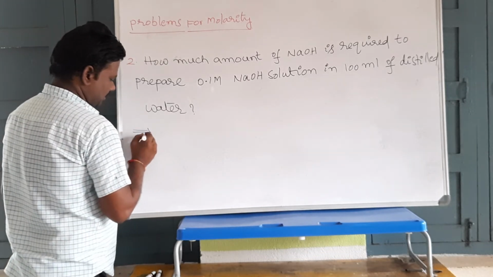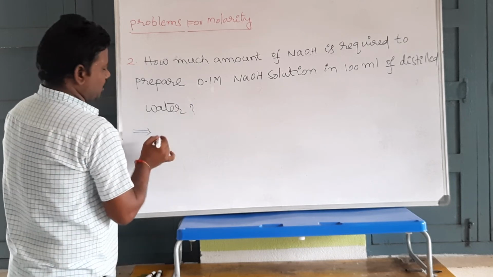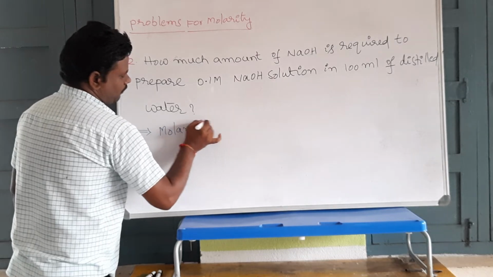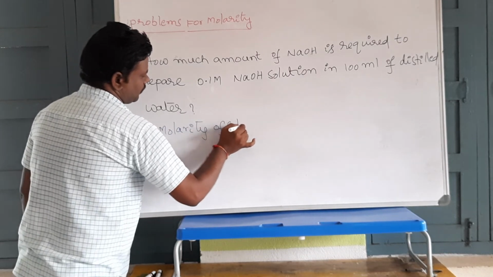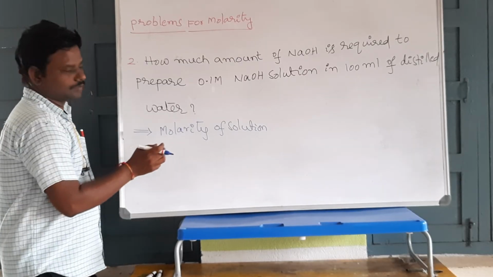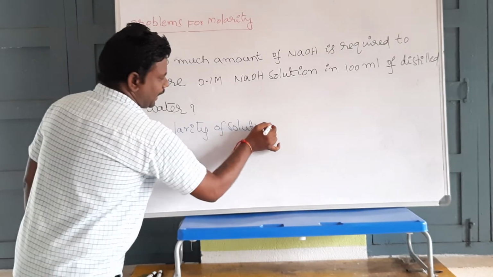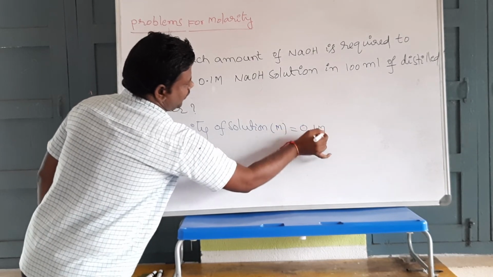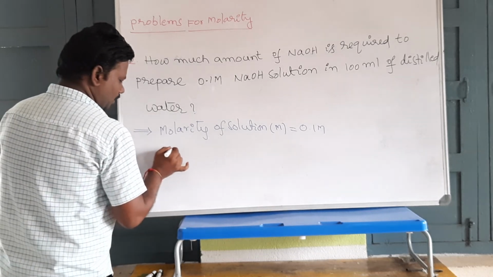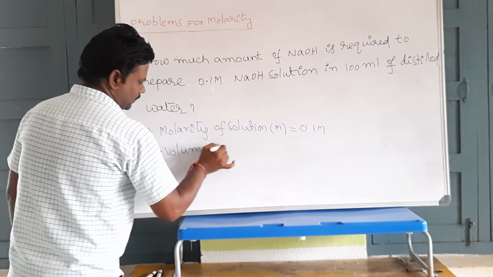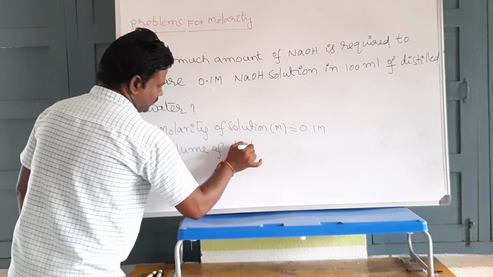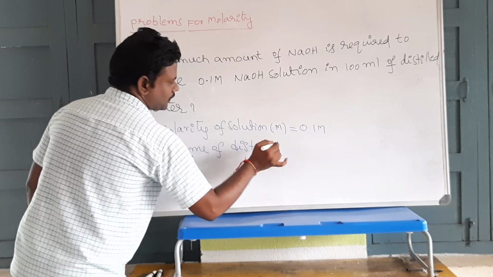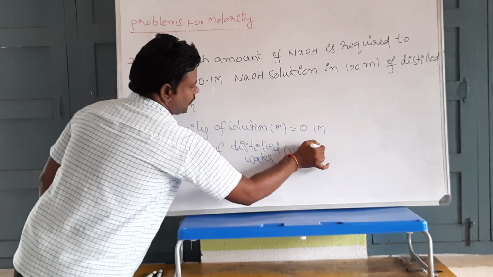First, the molarity of the solution M is equal to 0.1 capital M. Next, the volume of distilled water is equal to 100 ml.